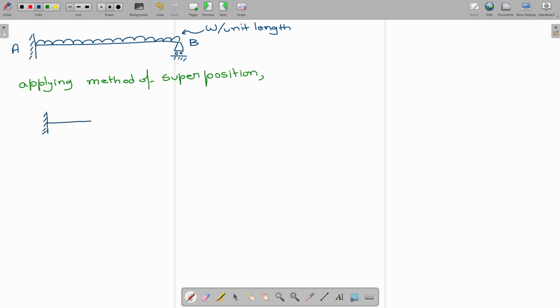So this prop cantilever beam is converted into a cantilever beam with UDL only. Okay. The deflected shape of the beam will be like this. This is the deflected shape. This is delta 1.